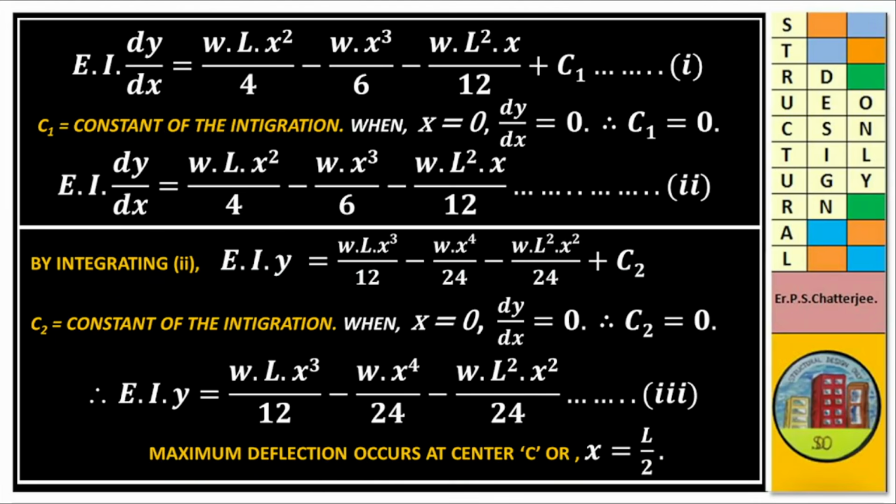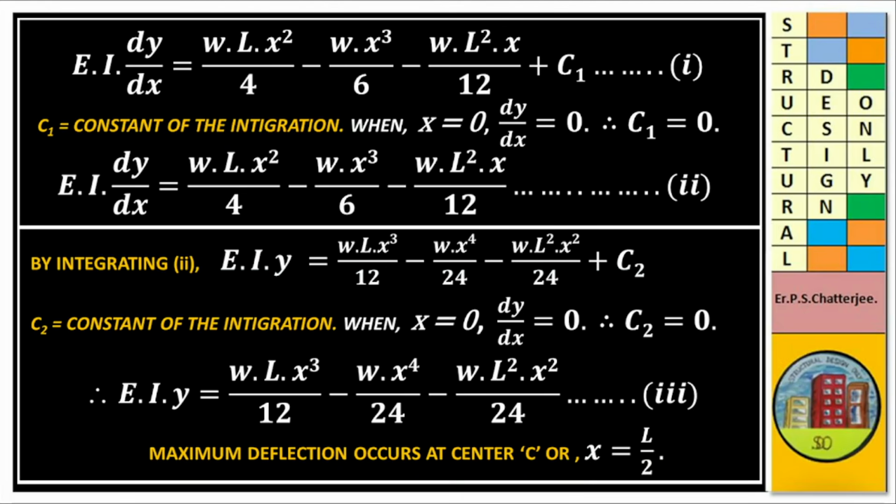When x is equal to 0, dy dx is equal to 0, therefore C1 is equal to 0. EI dy dx is equal to W into L into x square by 4 minus W into x cube by 6 minus WL square into x divided by 12. Therefore, this is our equation 2.